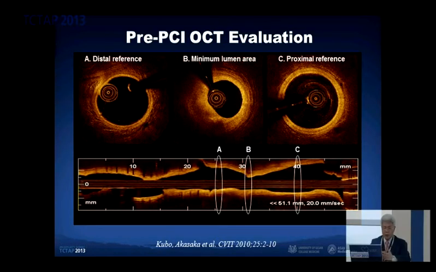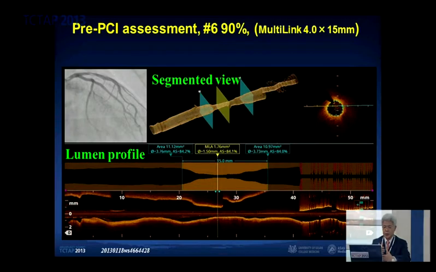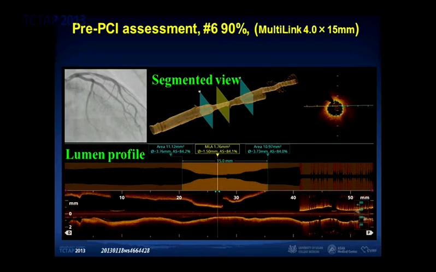And when you do the OCT at the time of intervention, we can clearly identify the reference lumen area and reference lumen diameter, and also minimum lumen area as shown in this slide, and it is easy to identify the length of the stent. Using the lumen profile in some machines, we can clearly identify MLA, the reference area and the length of stent as shown in this slide.